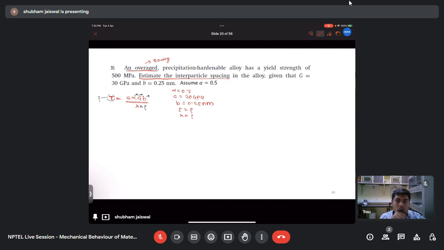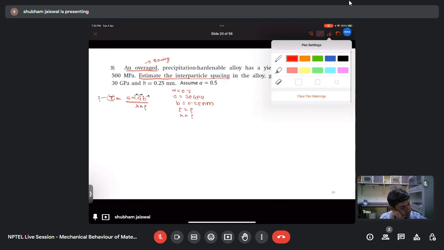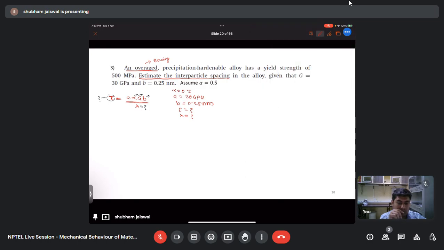Any guesses how we can calculate this tau? So we need to take the help of our previous concept, that is the von Mises and Tresca criterion.